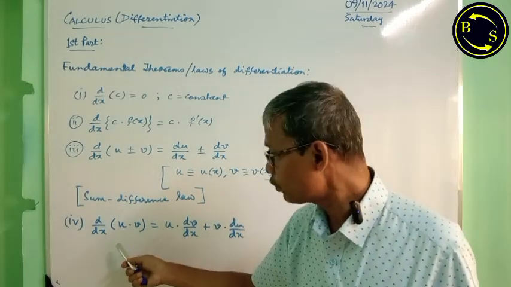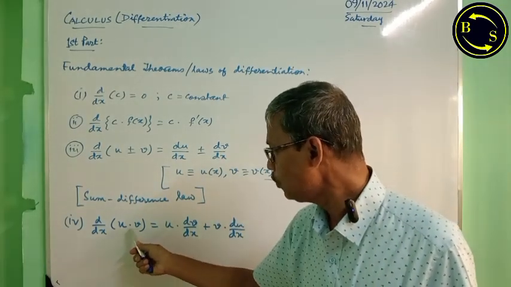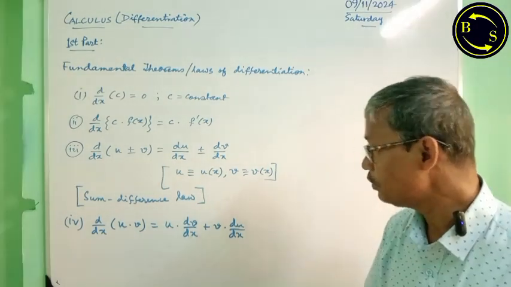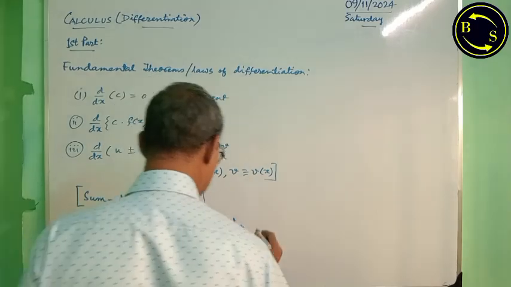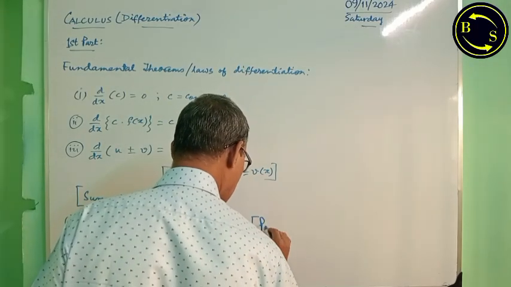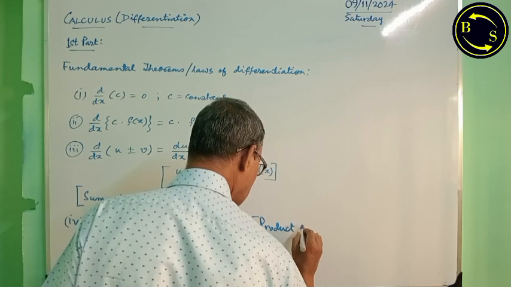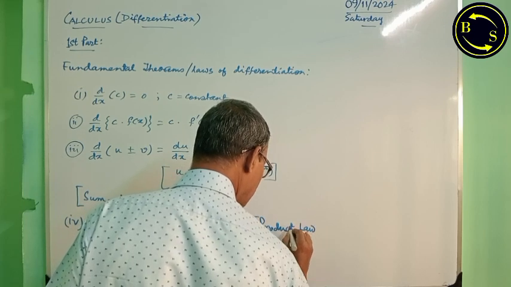Therefore, the derivative of the product of the functions u, v is this one, u dv/dx plus v du/dx. We call it the product law.